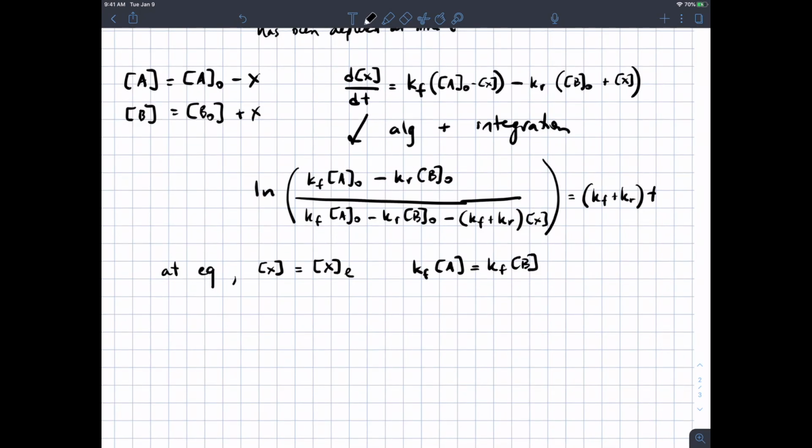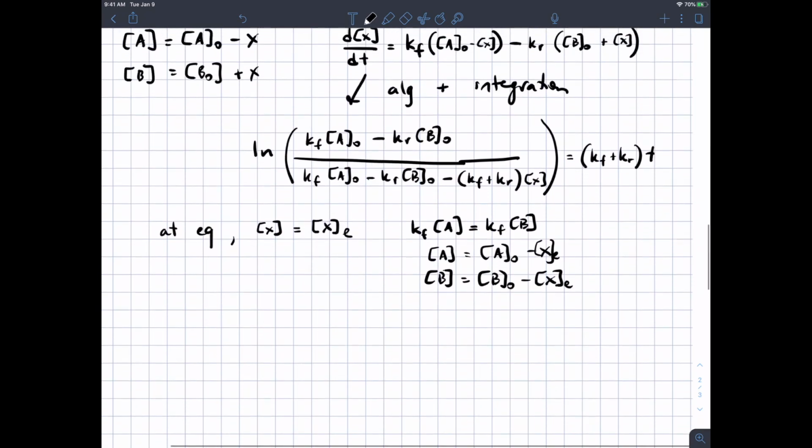And furthermore, at equilibrium, therefore, concentration of A should equal starting A minus extent of X at equilibrium, and concentration of B should equal starting concentration of B minus extent of reaction at equilibrium.